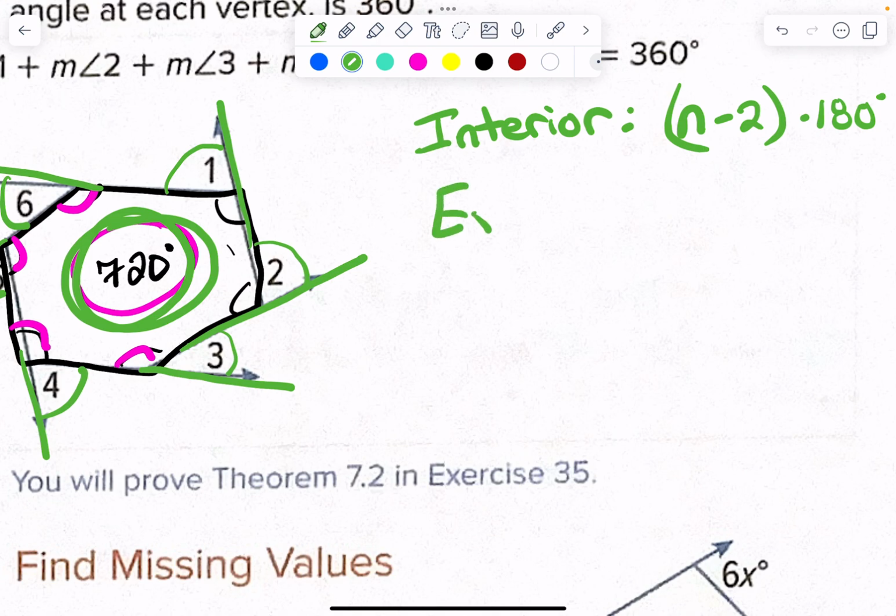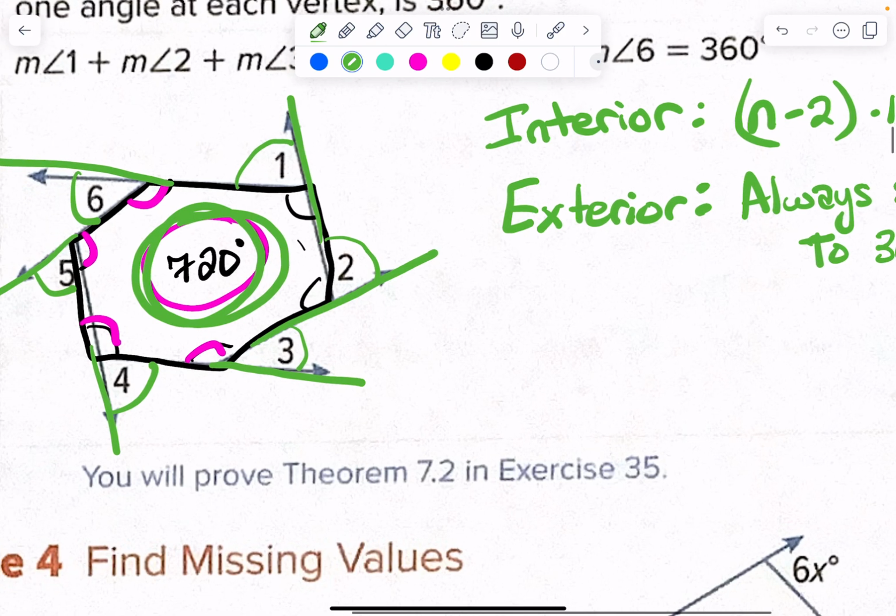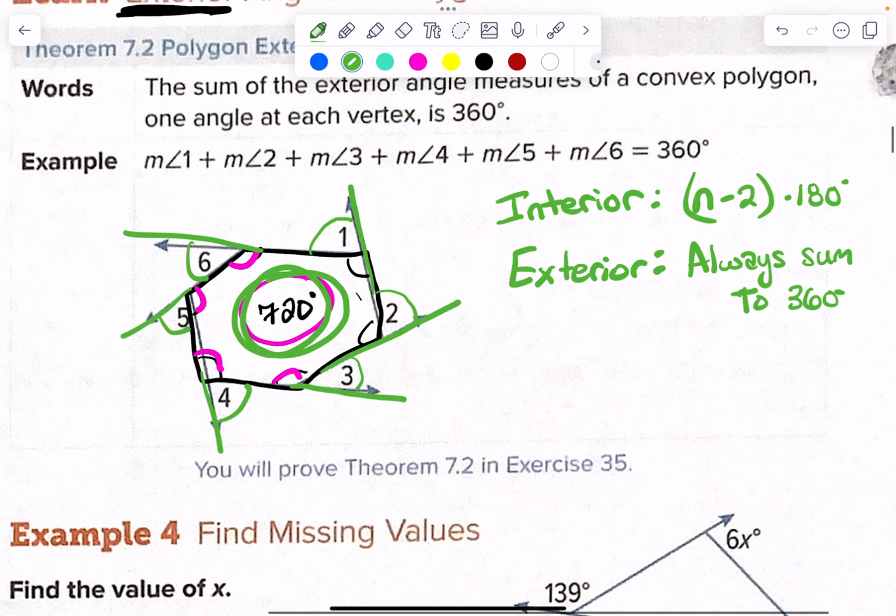But the rule for exterior is that when I add up all the exterior angles, they always sum to 360 degrees, no matter how many sides I have. All of these angles are going to add up to be 360 degrees always. That's just the way that it works.